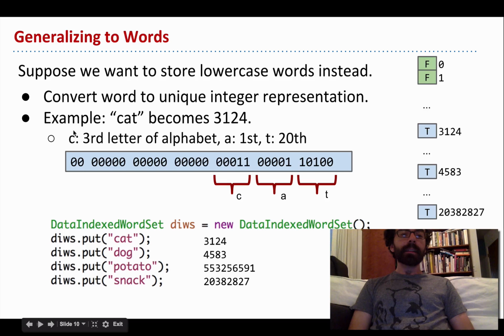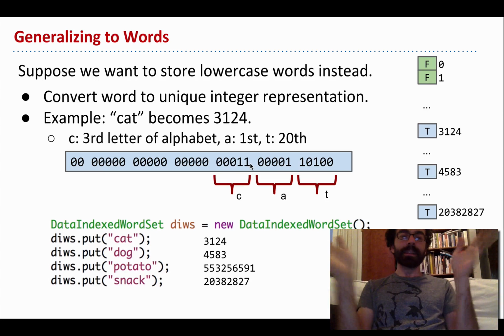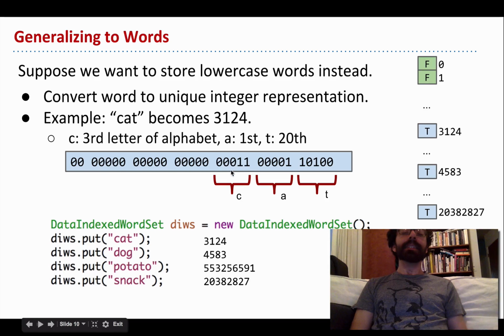So for example, since the letter C is the third letter of the alphabet, we'll represent C by 00011, which is 3. A by 1, T here by 10100, since this is the 20th letter of the alphabet.